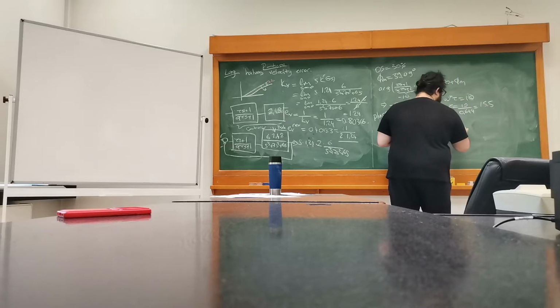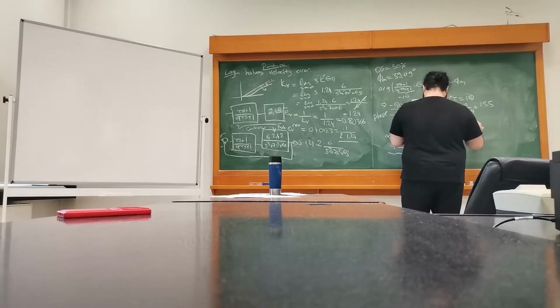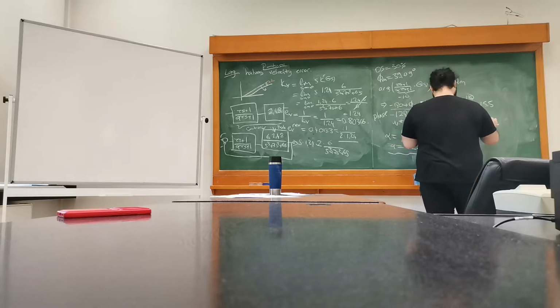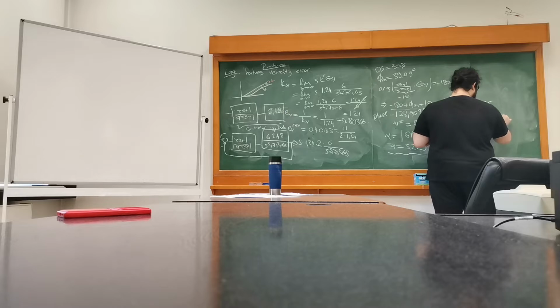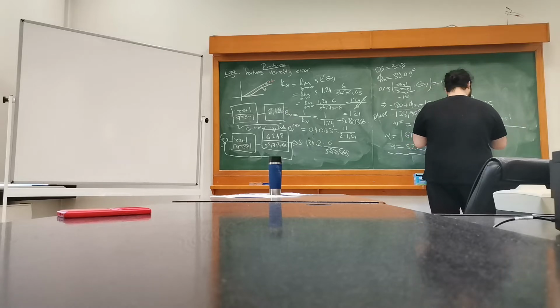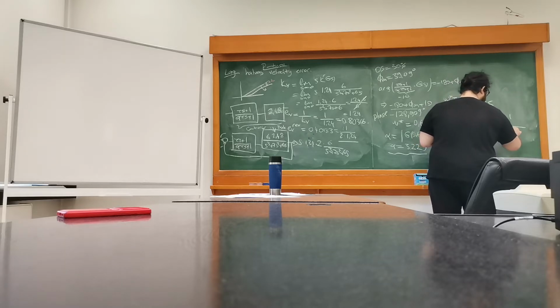Therefore, your lag controller should be 2.48 times 15.5 s plus 1 divided by alpha times tau, which gives us 50.5246 s plus 1.